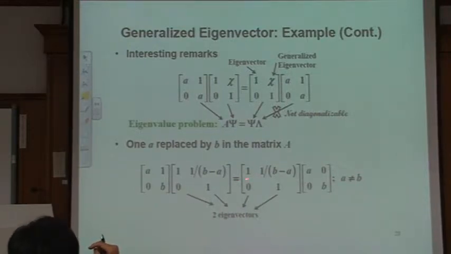Finally, you can find the final result here. This matrix is diagonalizable because we have two distinct eigenvalues, so finally we can diagonalize the matrix like here.